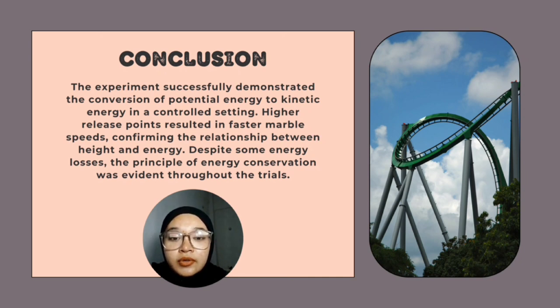The result confirmed that gravitational potential energy is converted into kinetic energy as the marble moved downward. However, the kinetic energy was always slightly less than the initial potential energy due to friction and air resistance. Despite some energy losses, the principle of energy conservation was evident throughout the trials.